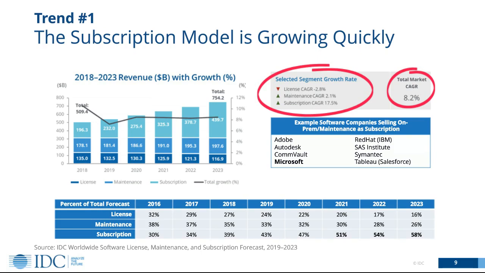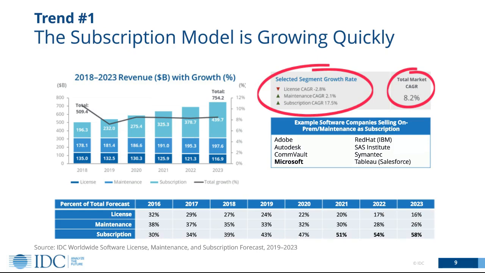So subscription's not just the as a service. There's a bunch of companies in the next box down that says example software companies selling on-premise maintenance as a subscription. So over the last 7-8 years, there's been an increasing number of revenue moving over from the license and maintenance type of business model over to subscription.